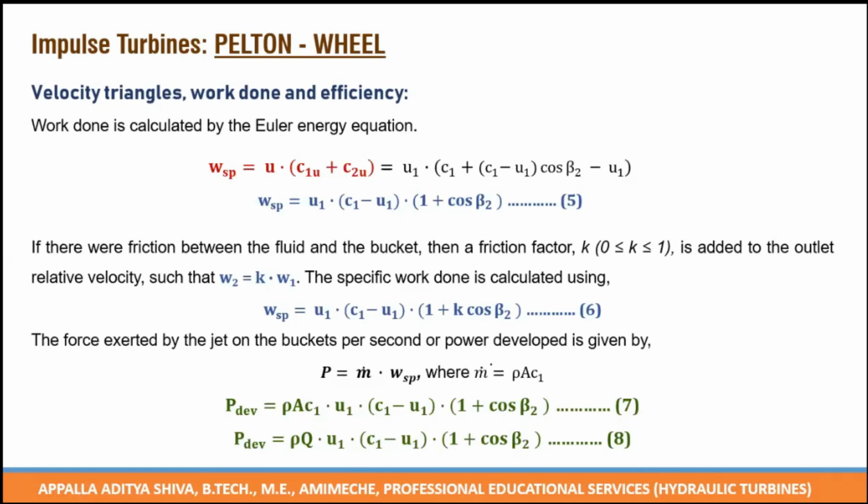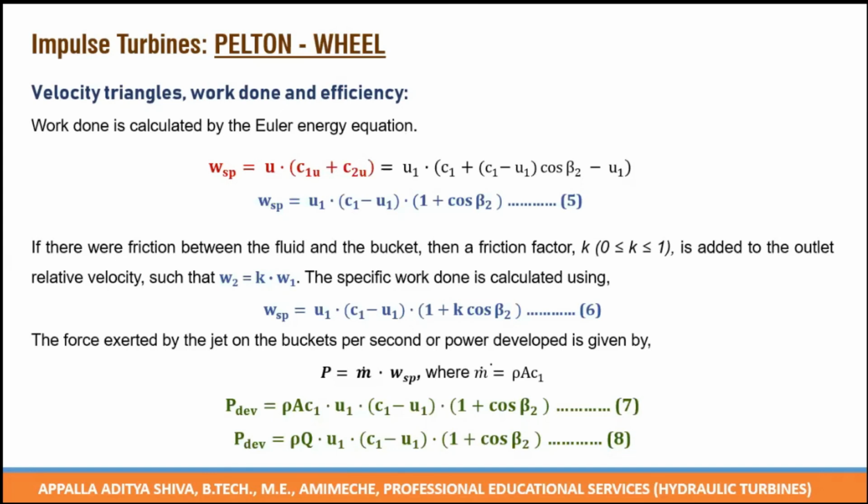Now, initially we assumed that there is no friction between the fluid and the bucket. However, if there is friction, then we use a friction factor or a friction coefficient, K. K value lies between 0 and 1 and is applied to the exit relative component. How? We take that W2 is K times W1. Initially, the fluid has a particular relative velocity, but because of friction, it does not come out with the same relative velocity.